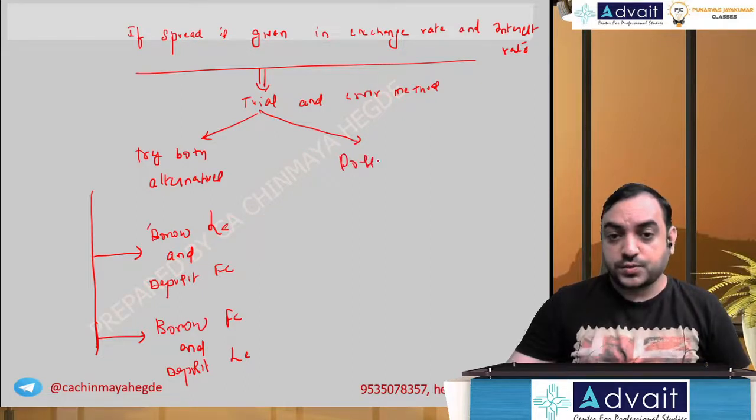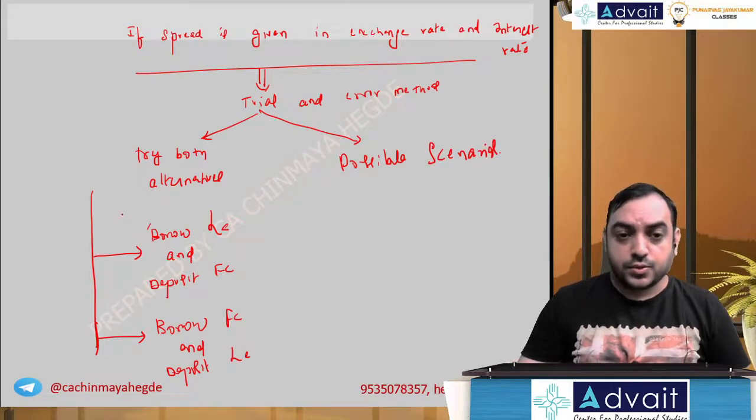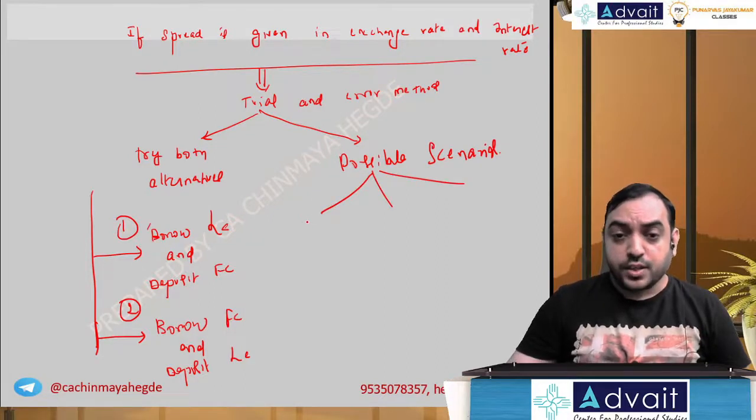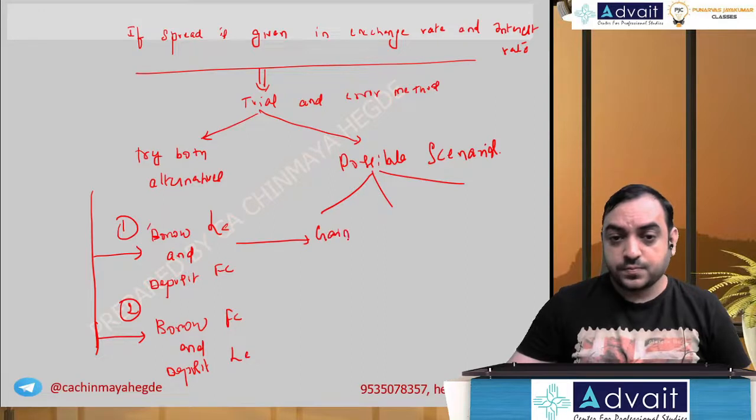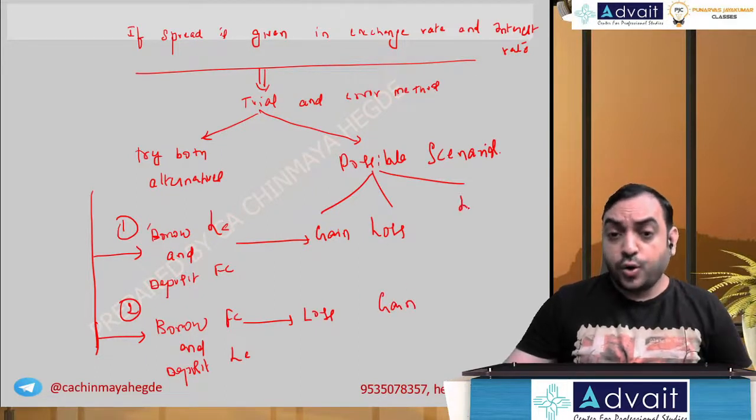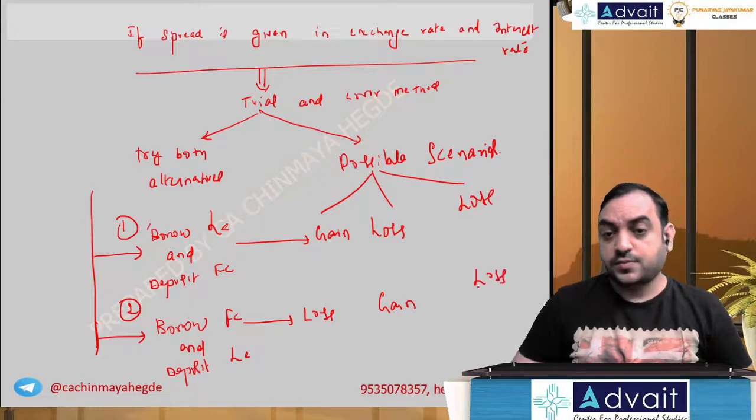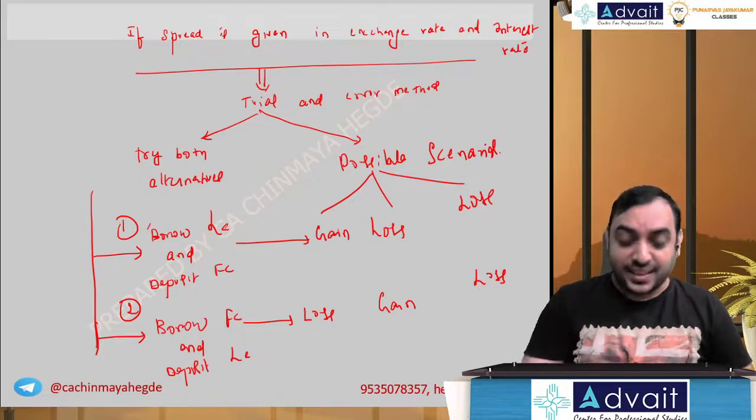Possible scenarios. The first alternative gives an arbitrage gain and the second gives a loss, or the second gives a gain and the first a loss, or both give loss. Both cannot be gain, that cannot happen.